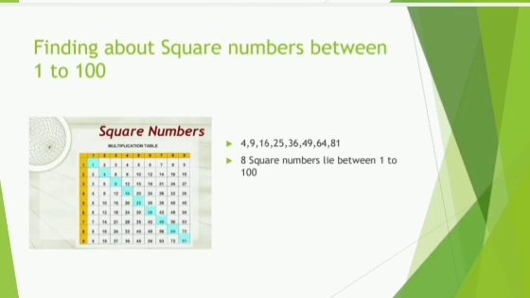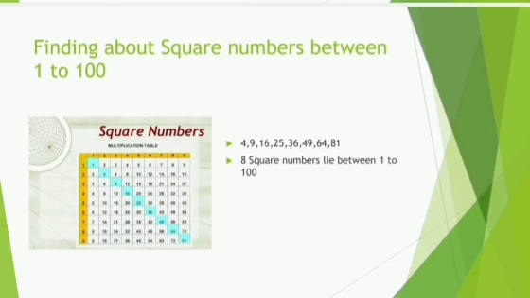Let's go to the next question. Find the perfect squares between 1 and 100. Going with a similar example as in the previous case, where we found the square numbers between 1 and 100.